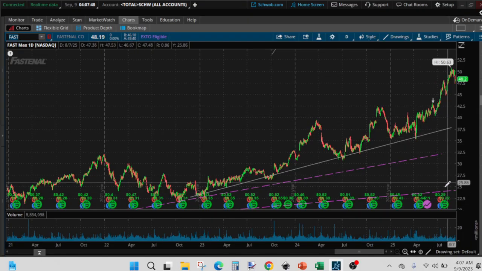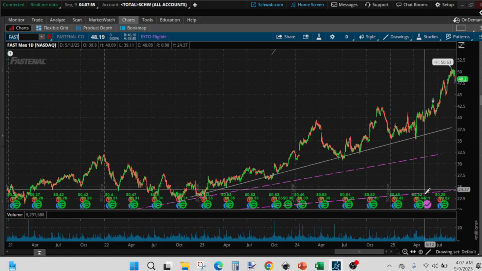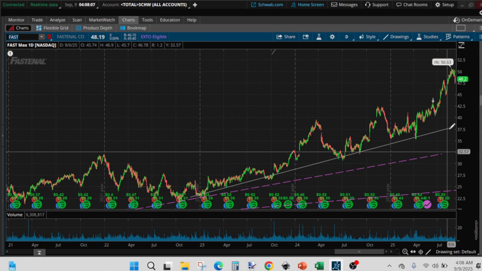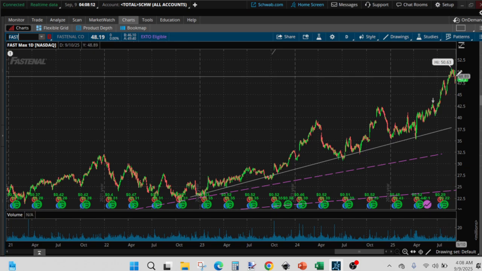When you're having that around the baseline that you like to buy at, you know that maybe it's done going down, it starts going up, and then you can purchase some shares at the first green bar that follows a pullback, a higher pullback. But yeah, and FAST is going up.